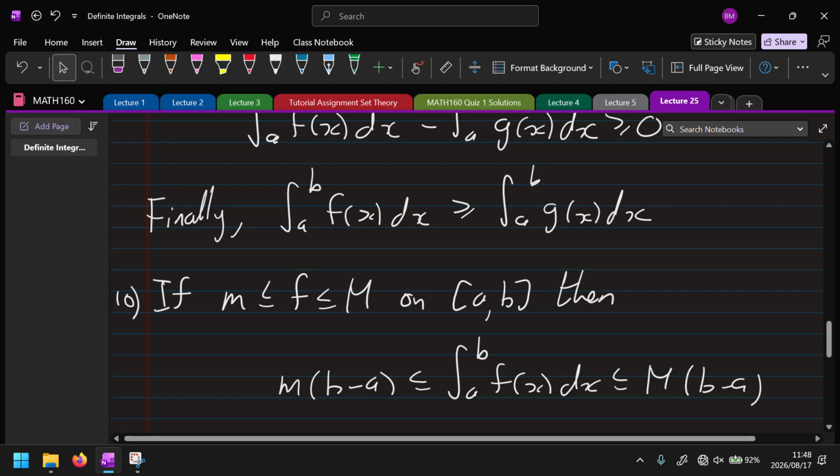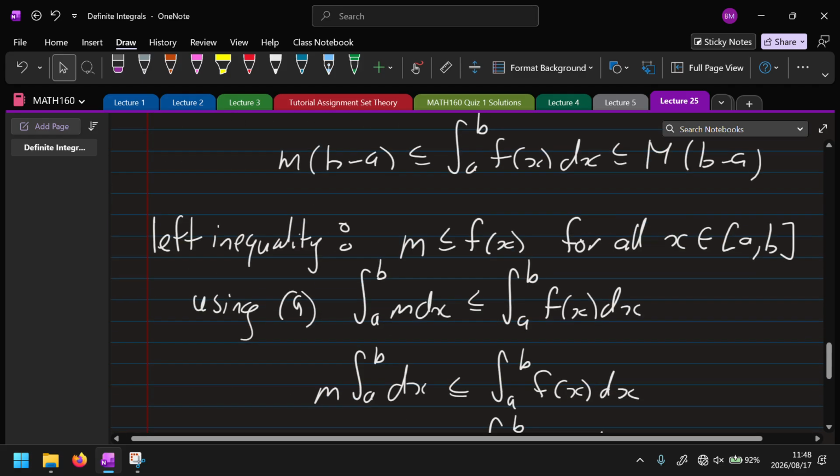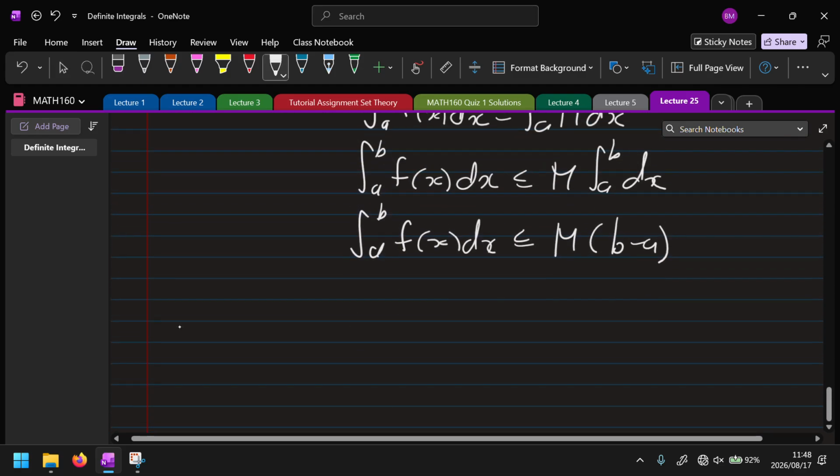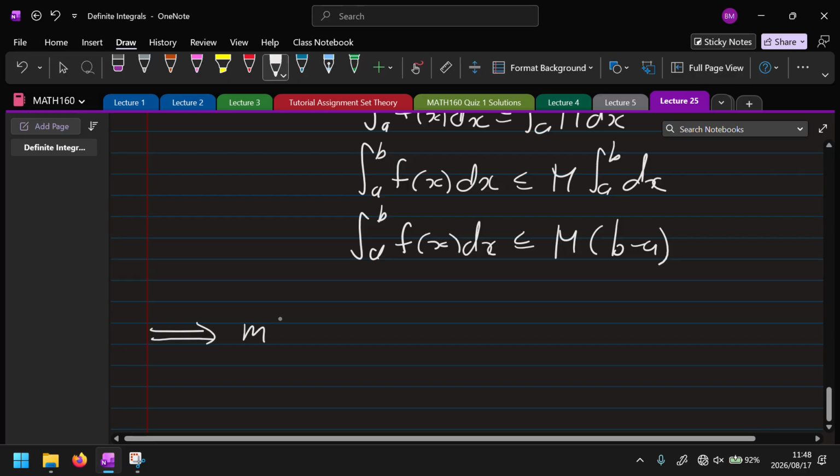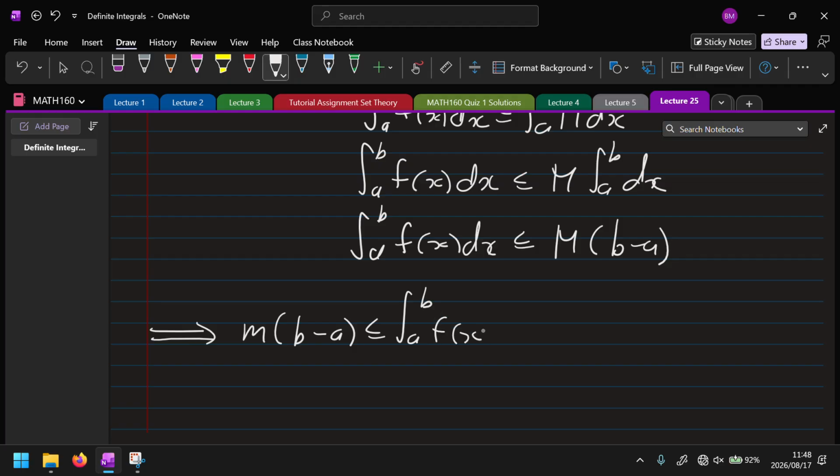So we have both parts, and we can just put them together. From part 1 we have the left inequality, and from part 2 the right inequality. So we just split it up into two inequalities and then put them together at the end.